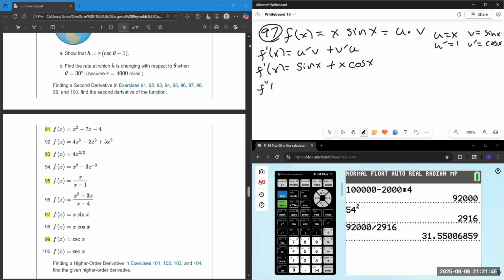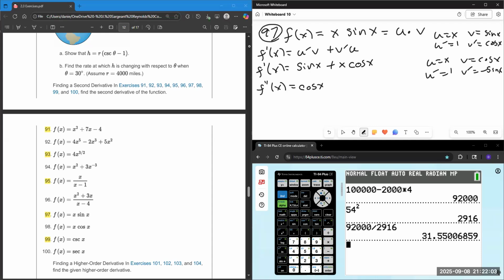f double prime of x: the derivative of sine is cosine. Now I have a u of x and a v of cosine of x. u prime is 1, v prime is negative sine x.